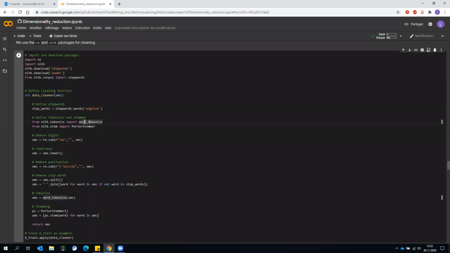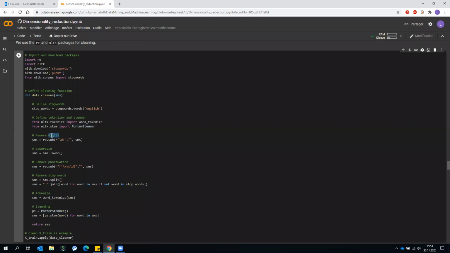Then we import the tokenizer and the Porter stemmer to do stemming of the words. Stemming is we cut the ending to have the same word for different forms of the word, like weight, weights, weighting, weighted, and so on and so forth.